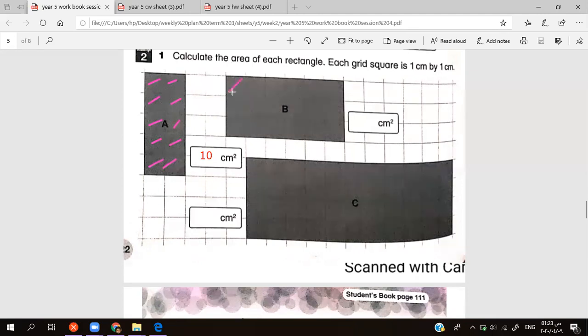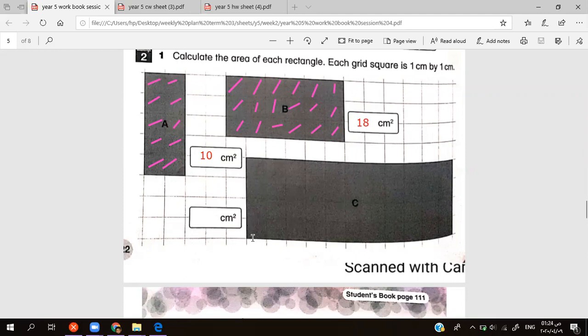Okay, here is 1, 2, 3, 4, 5, 6, 7, 8, 9, 10, 11, 12, 13, 14, 15, 16, 17, 18. So here it is 18. And there is another way I can do it. The area is this side multiplied by this side.